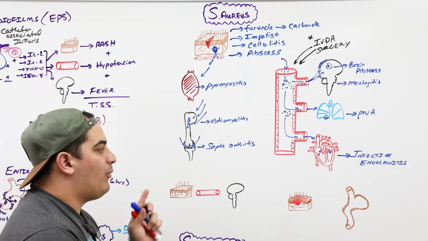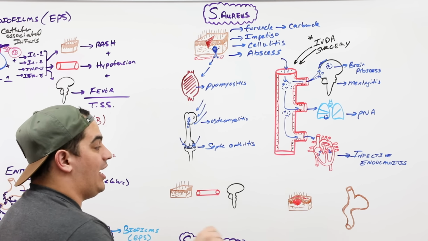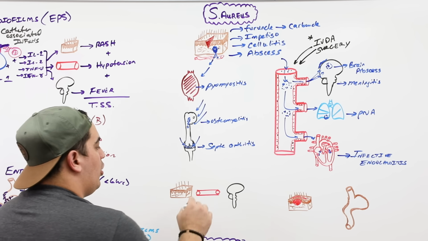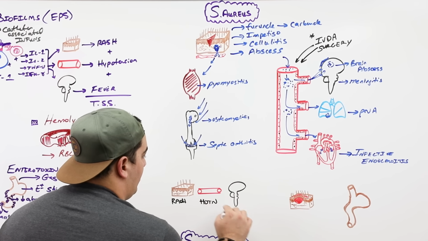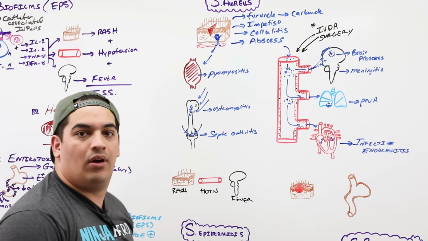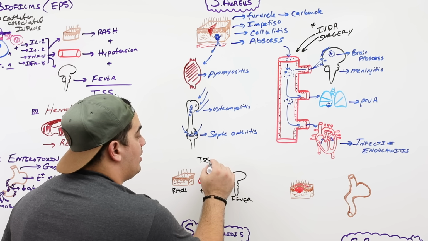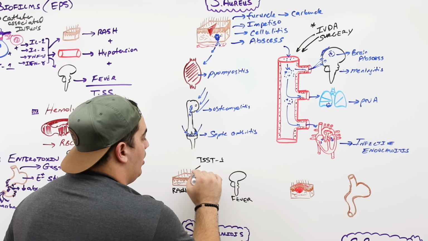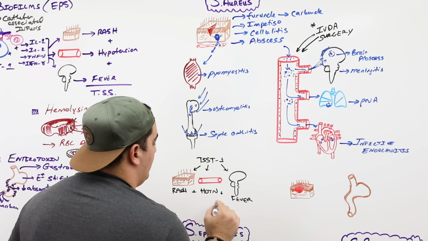To go back and quickly review how some of the exotoxins can produce very specific types of diseases. Do you guys remember what it was called whenever you had a rash, hypotension, and fever due to having a tampon just sitting in that area for too long? Toxic shock syndrome, right? Due to toxic shock syndrome toxin type 1 inducing these effects.